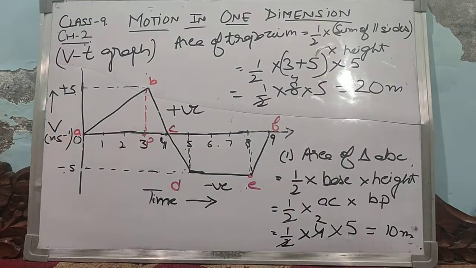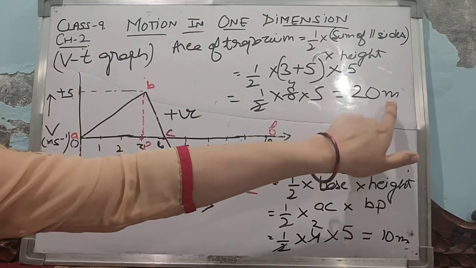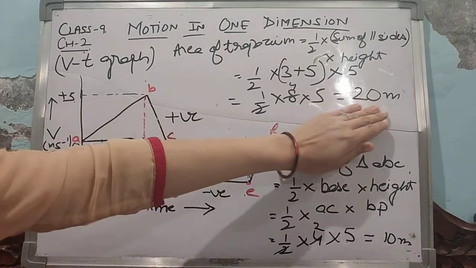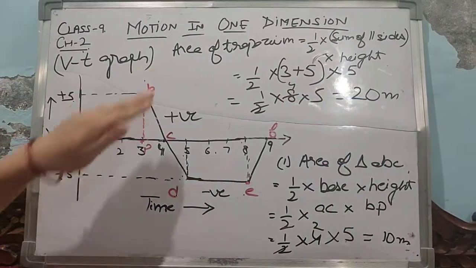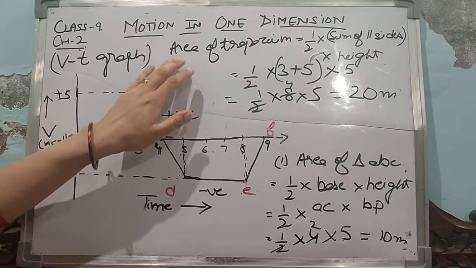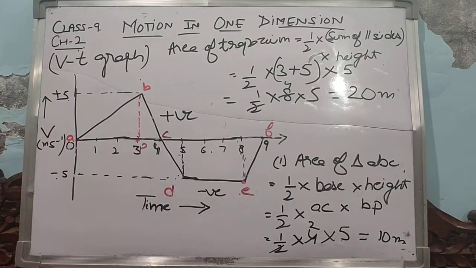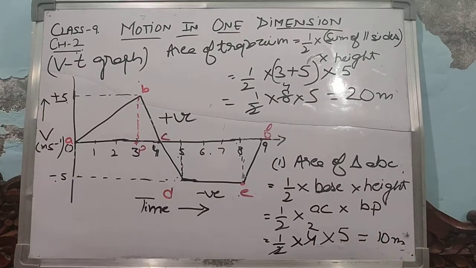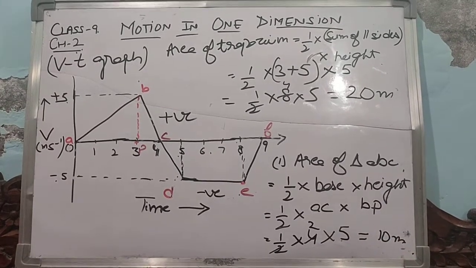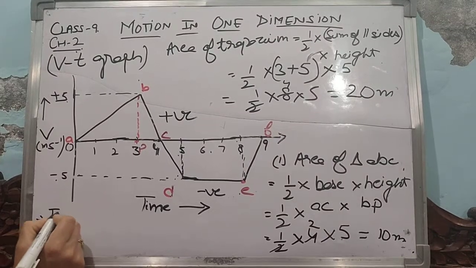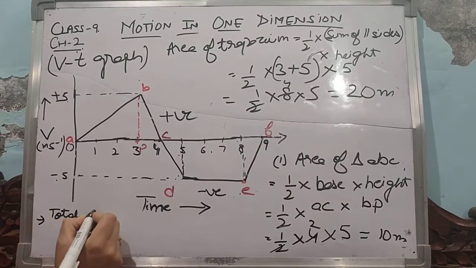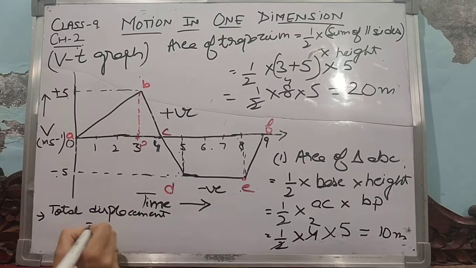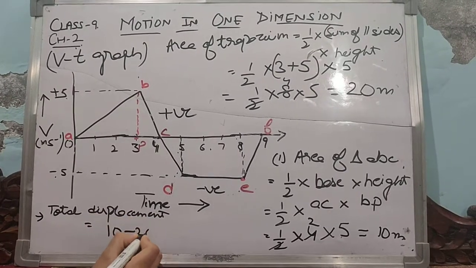Remember students, we all know that the unit of area is meter square. But why am I taking here meter? Because we know that area under VT graph represents your displacement. So indirectly we are calculating displacement, right? What will be the total displacement? I am writing here total displacement for this graph will be 10 minus 20.